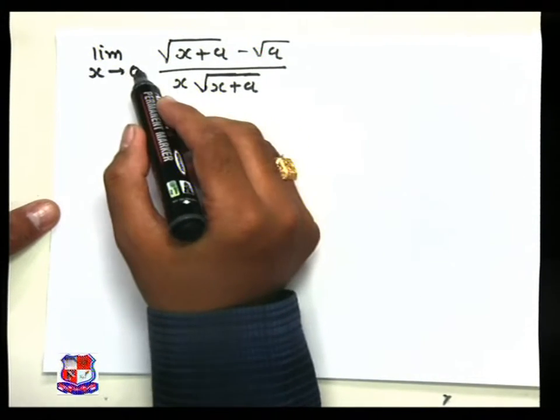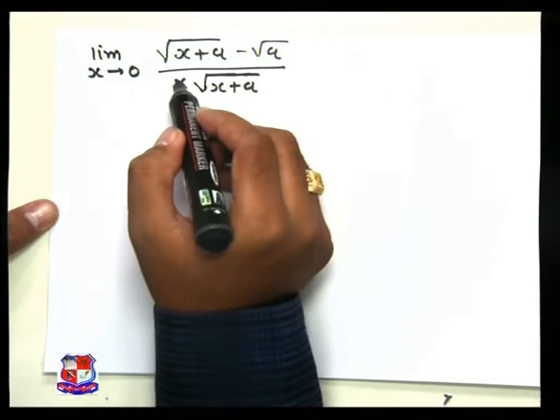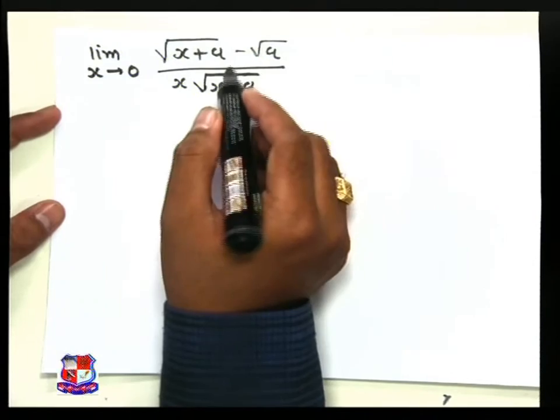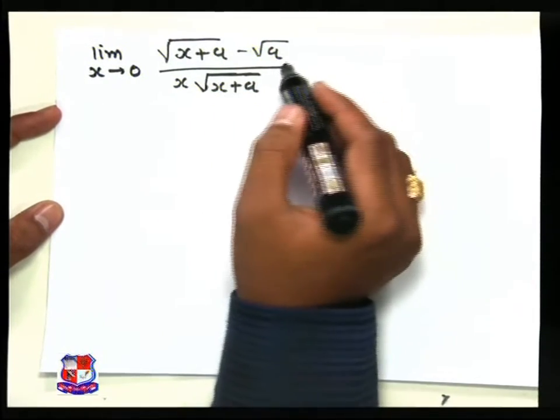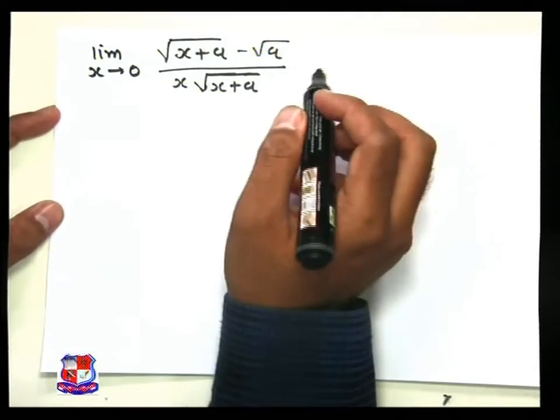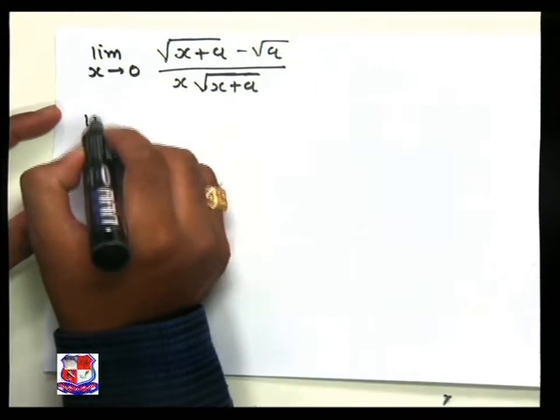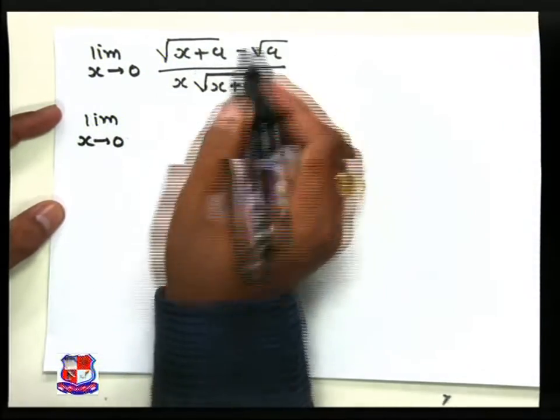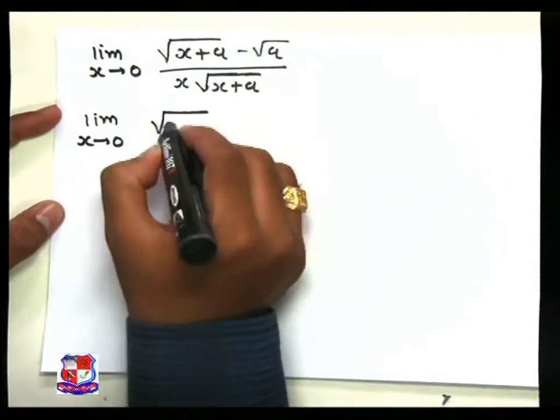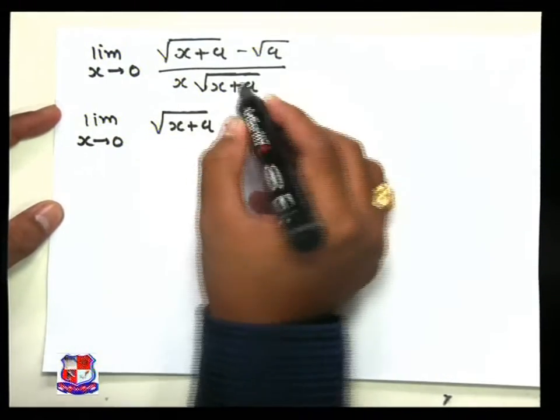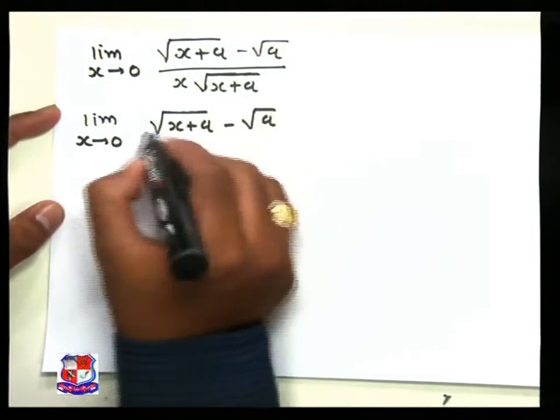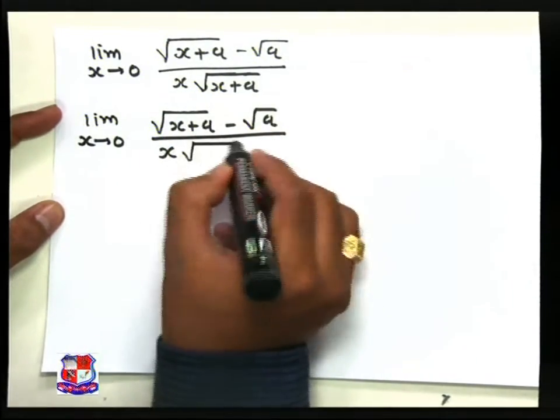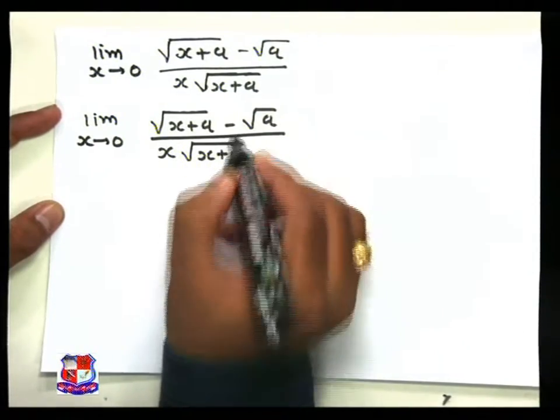But here x and here 0, so 1 upon 0 term, so we can't replace the limit, so we require to simplify this term here under root. So first step, that is use a rationalization term. So here limit x tends to 0, take a rationalization of numerator term, that is under root of x plus a minus under root of a, divided by x under root of x plus a.